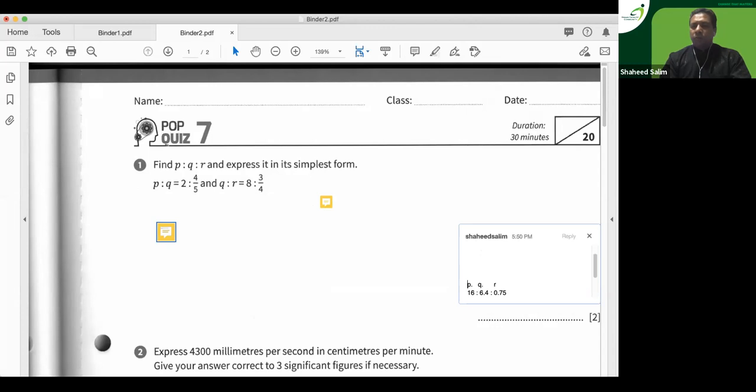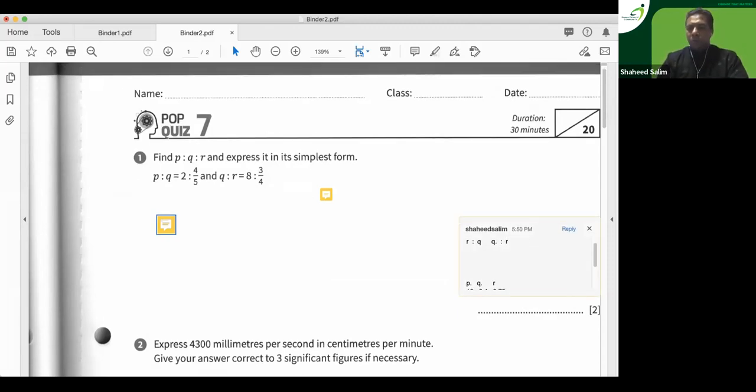Okay, we are gonna... Sorry, Q is to R, not R to Q. P is to Q, and then Q is to R. So now I'm going to write down so you clearly understand.